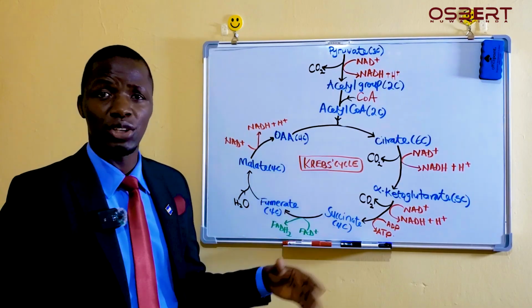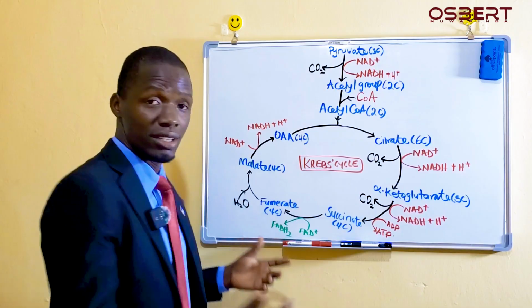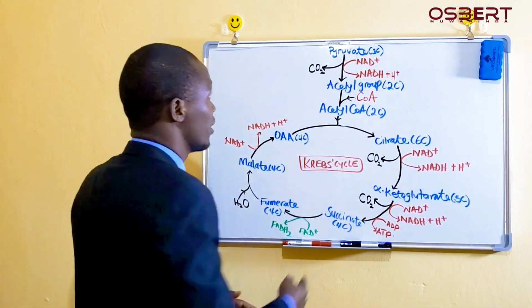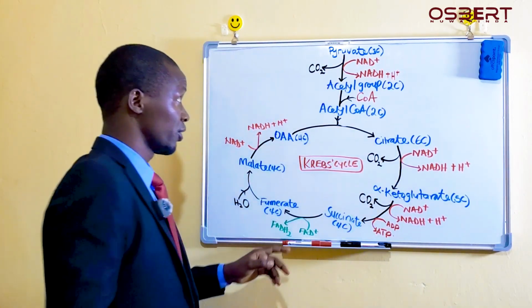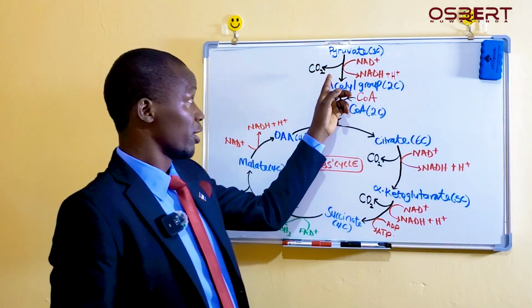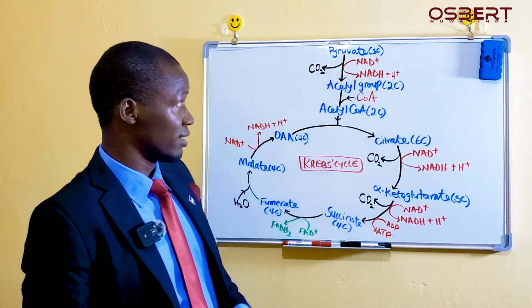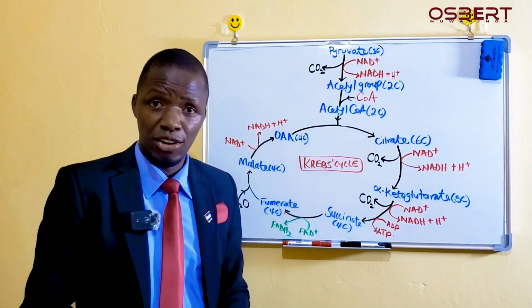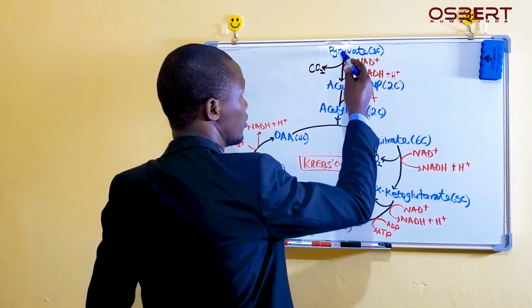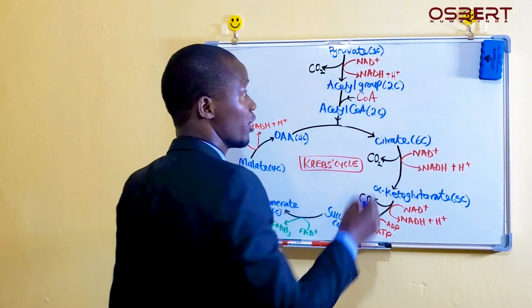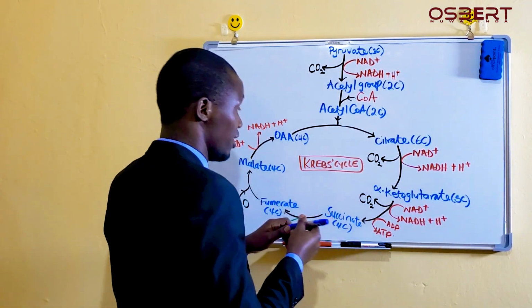If somebody asks you to put this into words, from pyruvate to the acetyl group, what I'm seeing there is dehydrogenation. Why? Because this NAD plus is picking up hydrogen from this reaction involving pyruvate, to turn into NADH. Let me first write the process here.